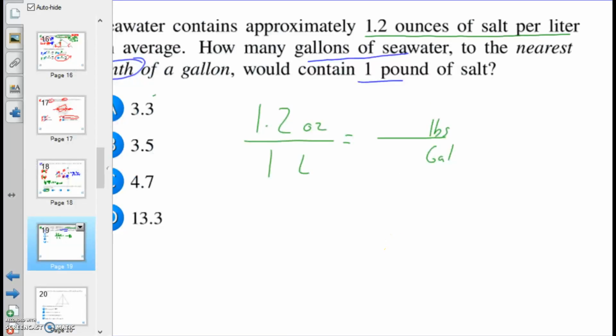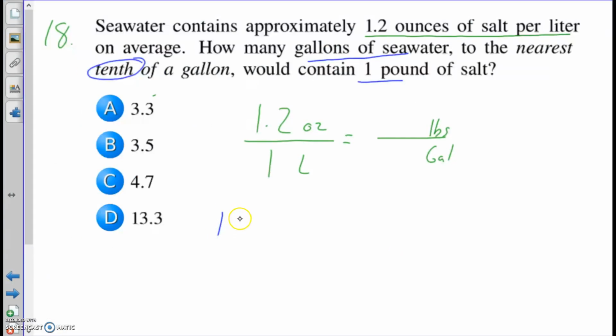So that reference sheet said that 1 liter equals 0.264 gallons, and 1 pound is 16 ounces. All right, so 1 liter, if I want to convert to gallons, that's pretty easy. That's just the 0.264.